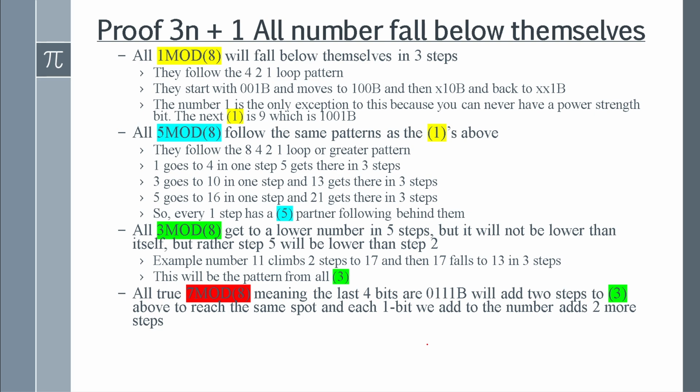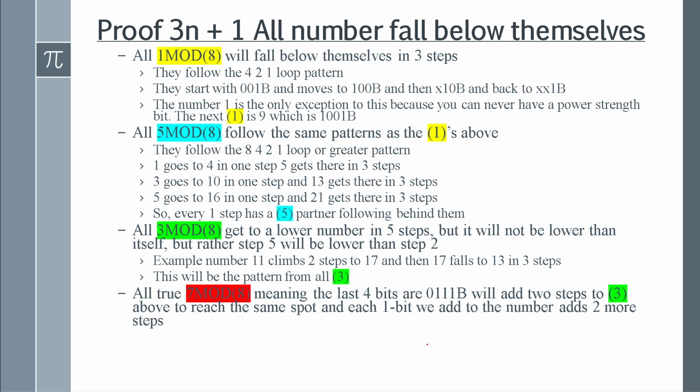And then all 7 mod 8s will go to a 3 mod 8 in 2 steps. Right, if they're true mod 7, which is 50% of all 7 mod 8 numbers. Right, they'll be at that 1 mod 4 number in 7 steps.